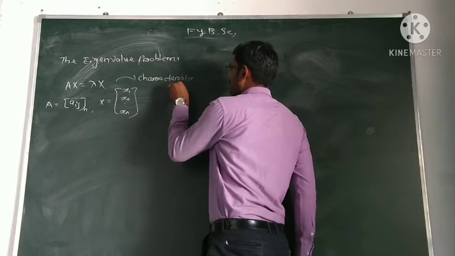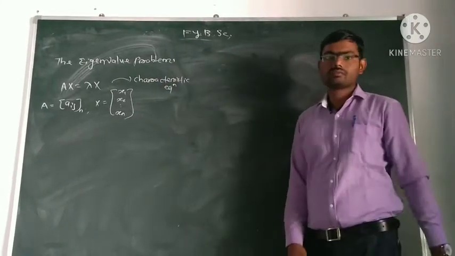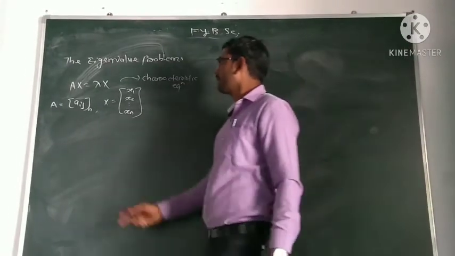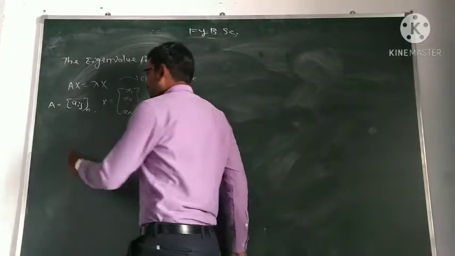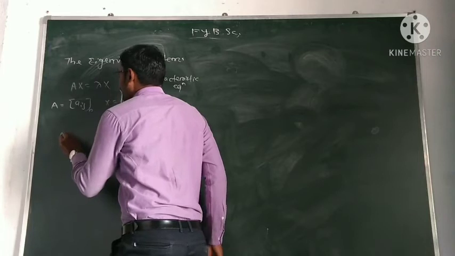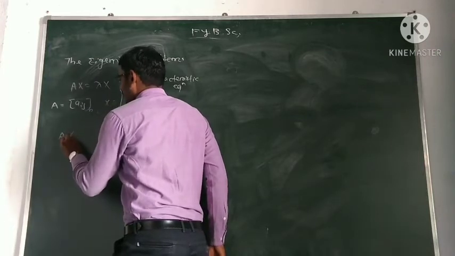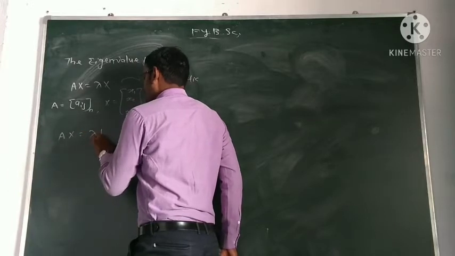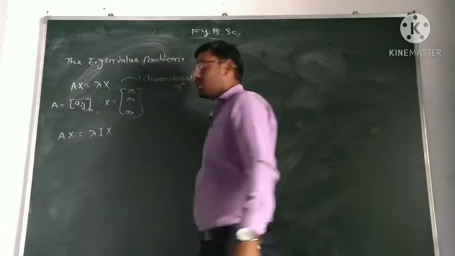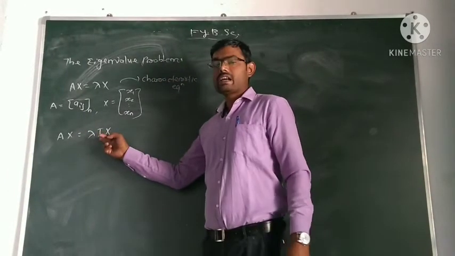This equation can be written as A x = lambda I x, where I is an n by n identity matrix.